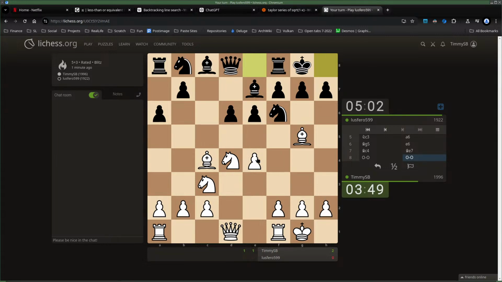Fork is still there though. Yeah, it feels perfectly okay. Though any sane person would have moved the bishop back first, which I only now realize.